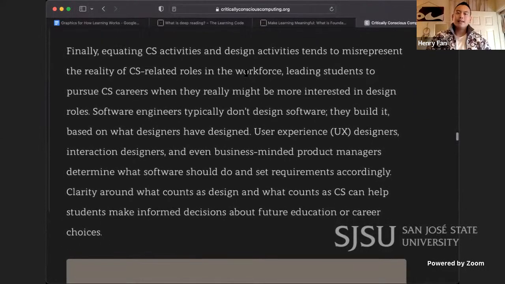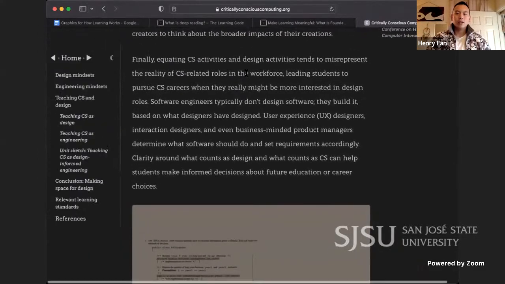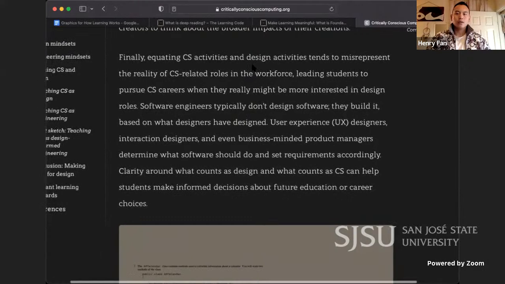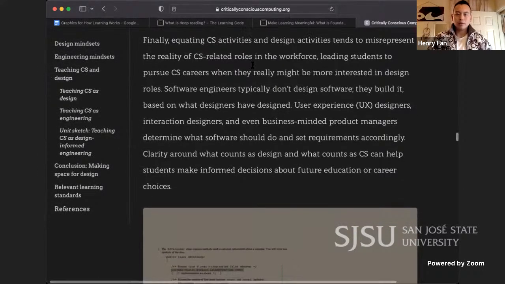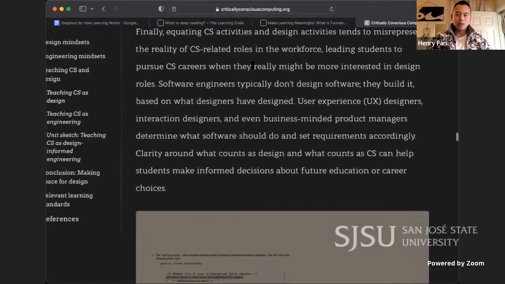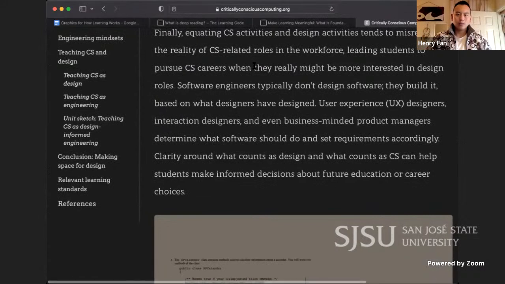Finally, equating CS activities and design activities tends to misrepresent the reality of CS-related roles in the workforce, leading students to pursue CS careers when they really might be more interested in design roles. Software engineers typically don't design software, they build it based on what designers have designed.